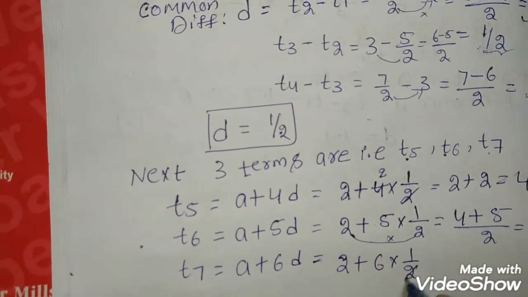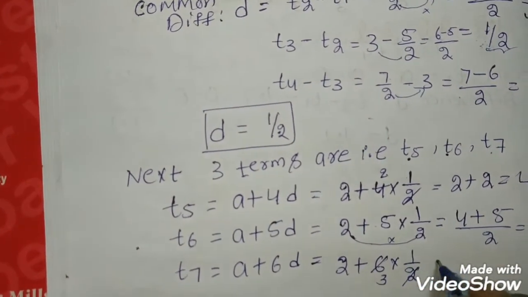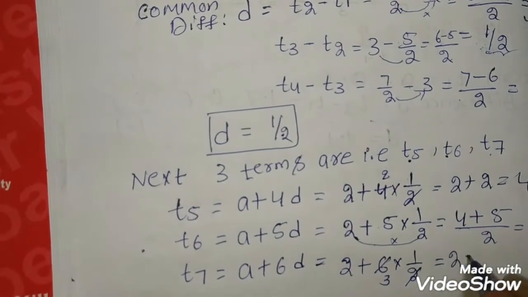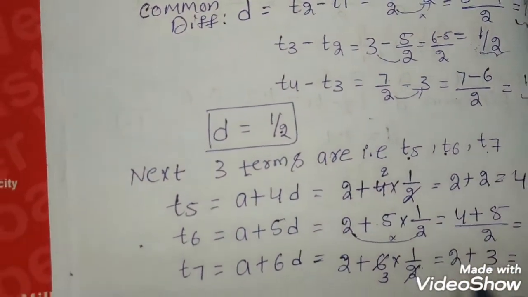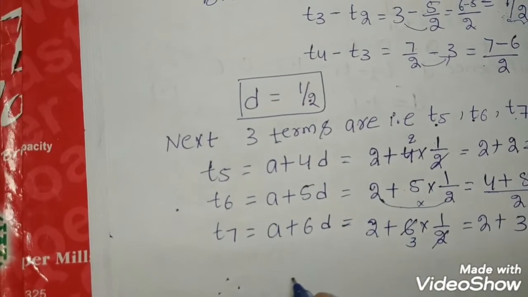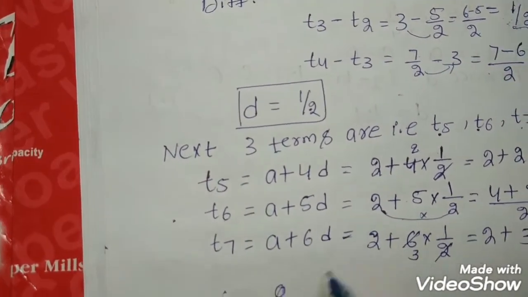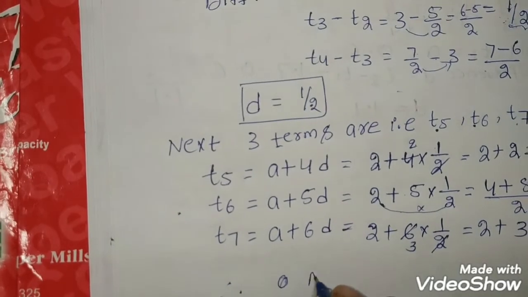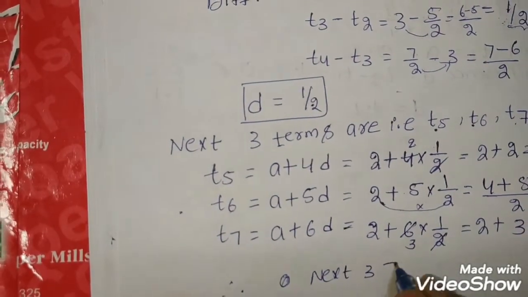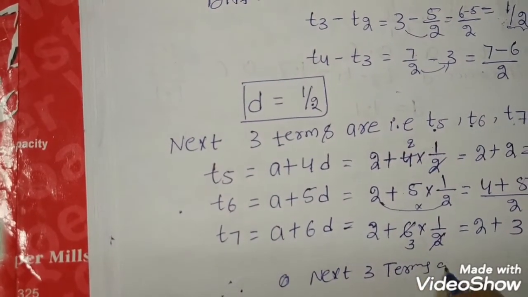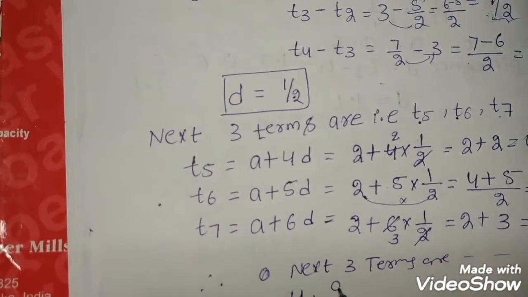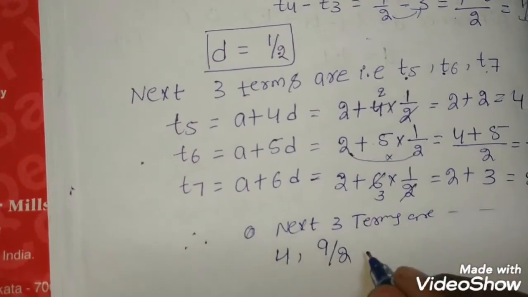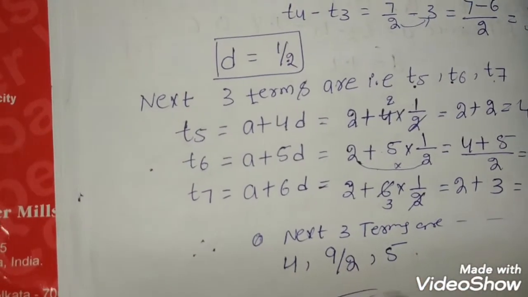We can cancel: 2 ones are 2, 2 threes are 6. We get 2 plus 3, which is 5. Therefore, write the next 3 terms like this: 4, 9 by 2, 5. This is our answer.